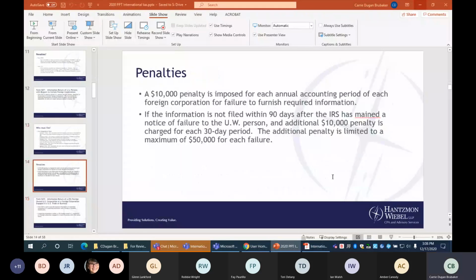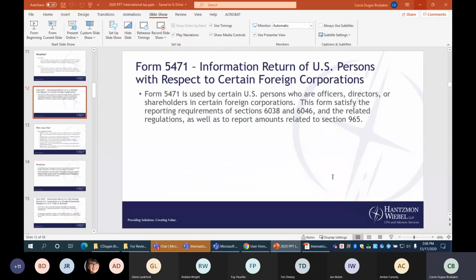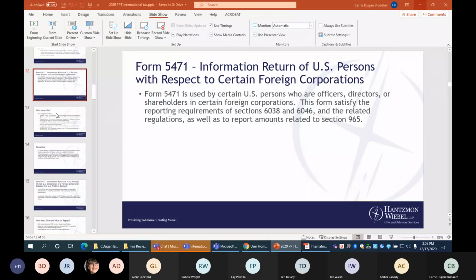All right, so next up, I've got information about this Form 5471. So what the heck is that? It's used for U.S. persons who are officers, directors, or shareholders in certain foreign companies. And there are categories of filers.